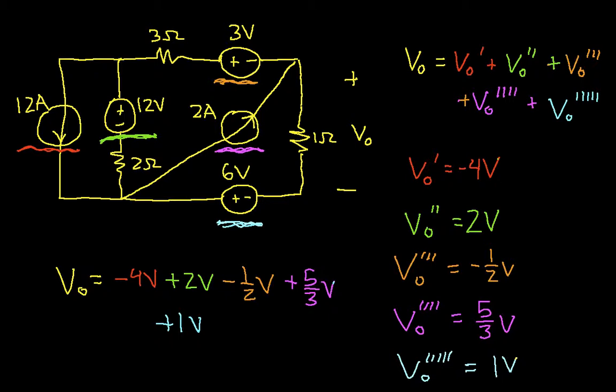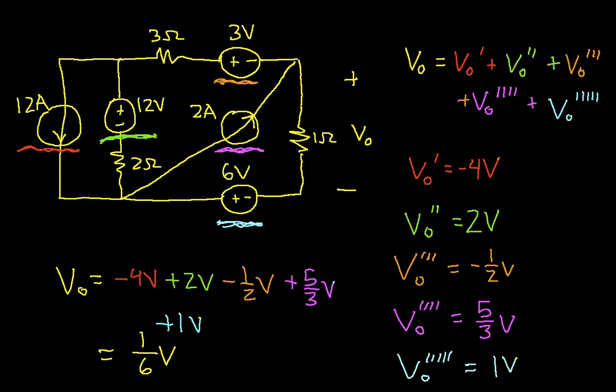And so let's see, if I add these all up, and I can do it correctly, which is a big if. Let's see, -4 plus 2 is -2, -2.5, -1.5. So if I've done this correctly, this ends up being 1/6 volt.